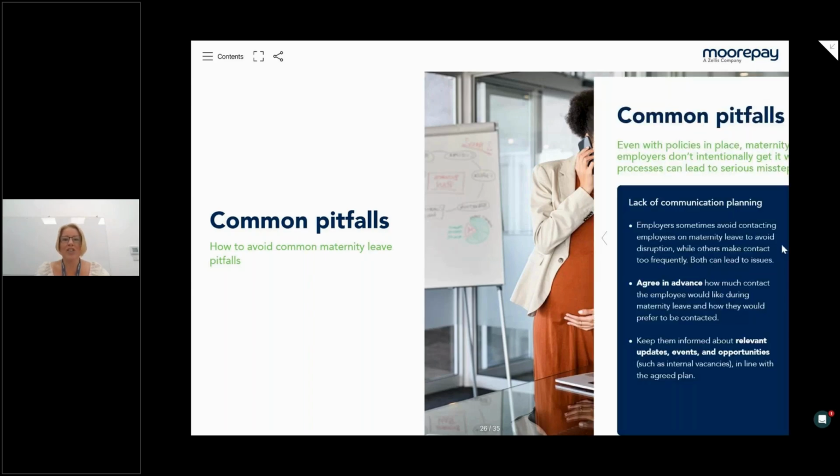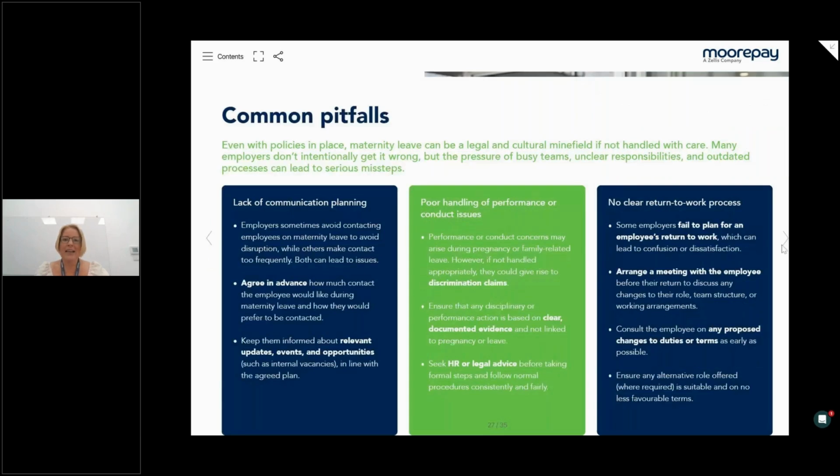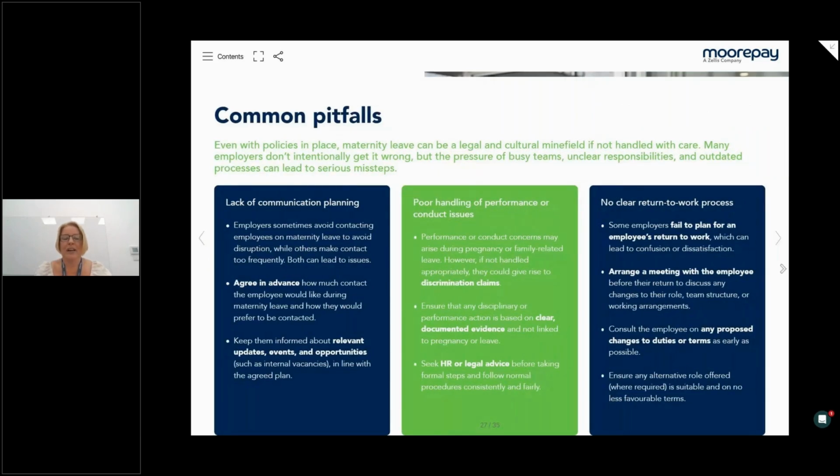So lack of communication. I did stress this earlier, that I do see cases come up where people just weren't advised of a bonus. People weren't advised of a party, they weren't advised about, I don't know, changes in the workforce.